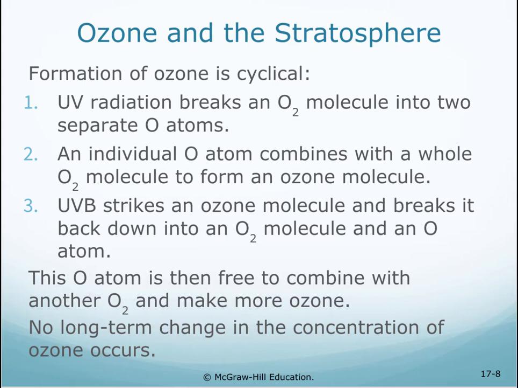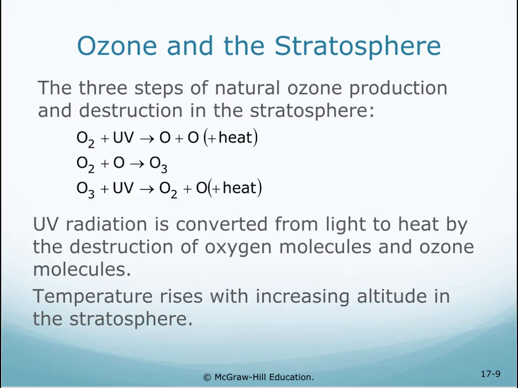This oxygen atom is then free to combine with another O2 and make more ozone. No long-term change in the concentration of ozone occurs. These are the three steps of natural ozone production and destruction in the stratosphere.